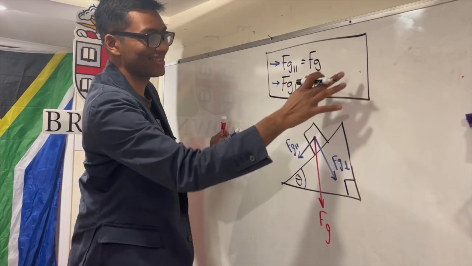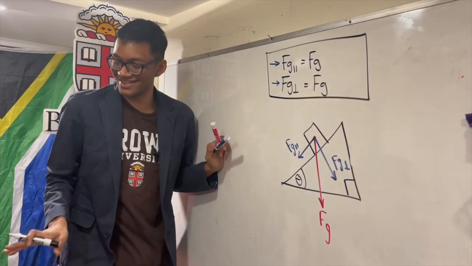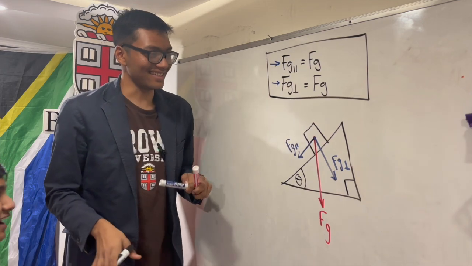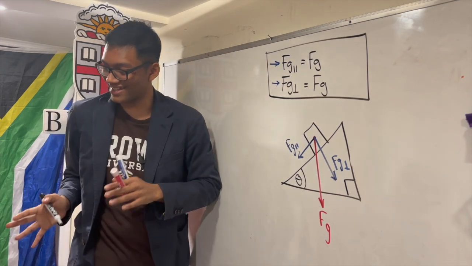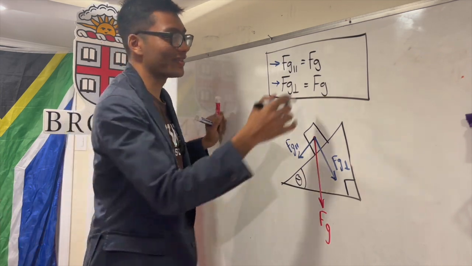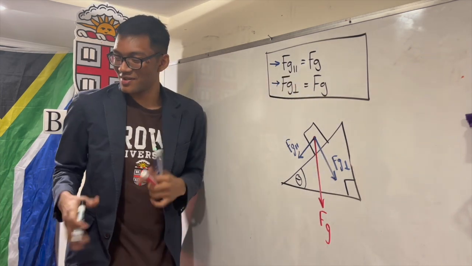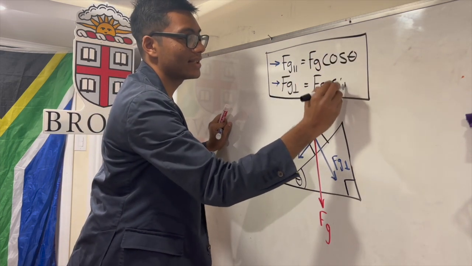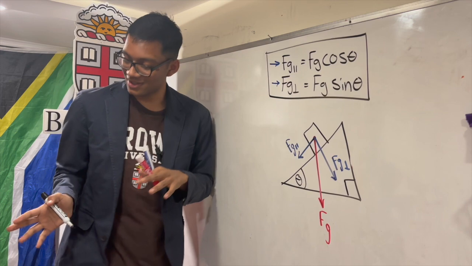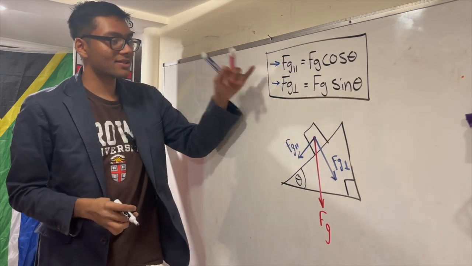This is how he covers it up. FG parallel is sine, FG perpendicular is cosine. No. What do you mean no? Can I show my proof? You don't just say no. Many times I think that this is cosine theta and this is sine theta. Yeah, because there's two fish. No, just relax, okay? You have the memory of a goldfish.